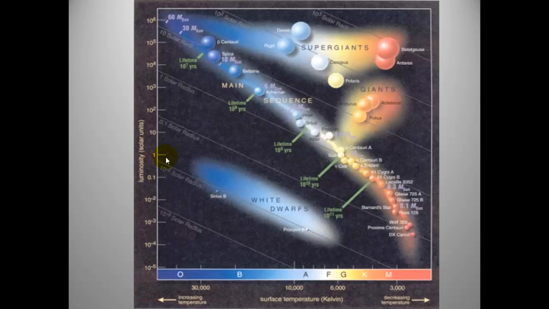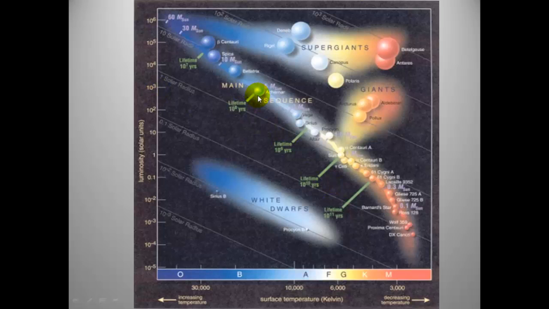If you have this star here, and we look at the spectrum, we find that it's between an A and a B star, probably an A2 star. We know that it's probably going to be here, which means it's 10 to the 3 times as bright as the sun.